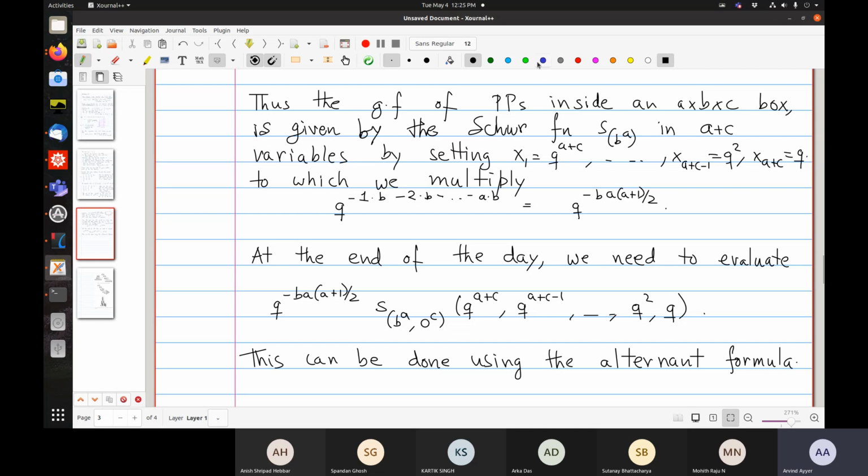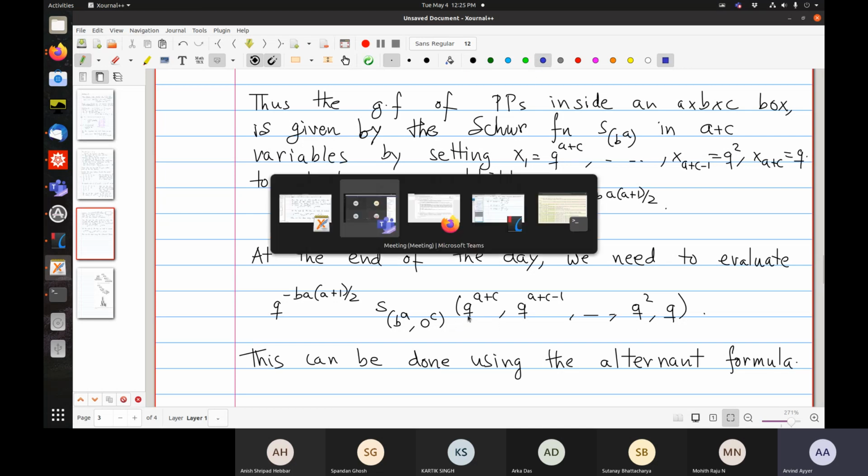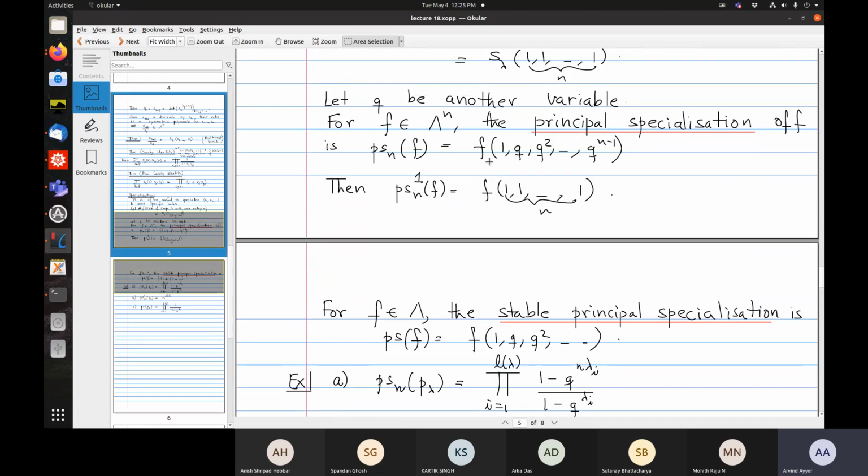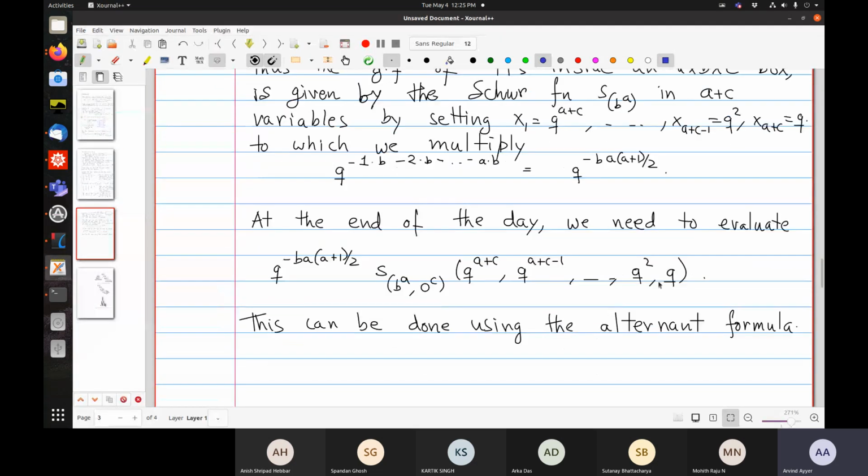And I should also note that this is a principal specialization. Remember, principal specialization is you set 1, q squared, up to q to the n minus 1. We are doing it the other way, but that doesn't matter because it's a symmetric function.